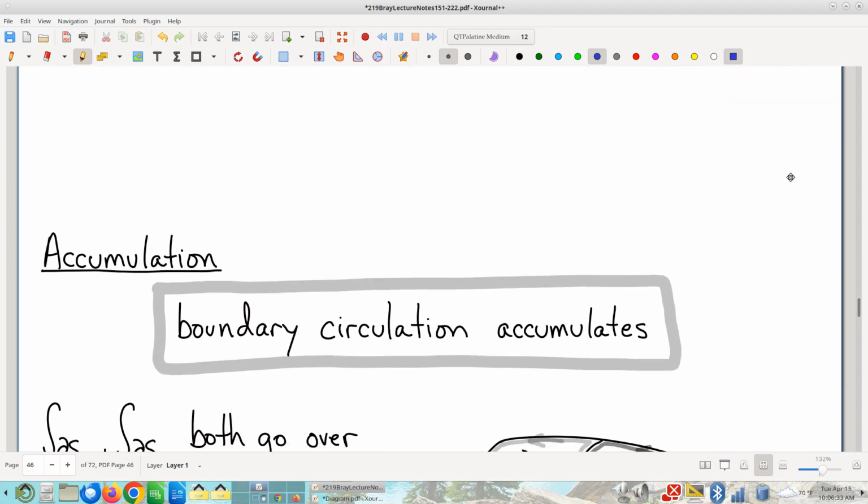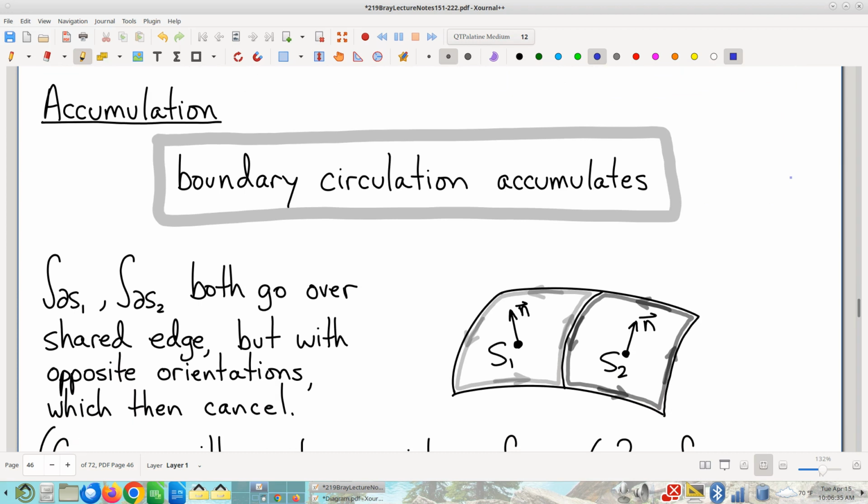All right. Picking up from there. It's all kind of repetition in some sense, all the way down to our final big theorem, you might say, because we've already seen all of these ideas in some form or another. We've already seen this idea that boundary circulation accumulates. Not on surfaces, but we've seen it for two-dimensional regions in the plane.